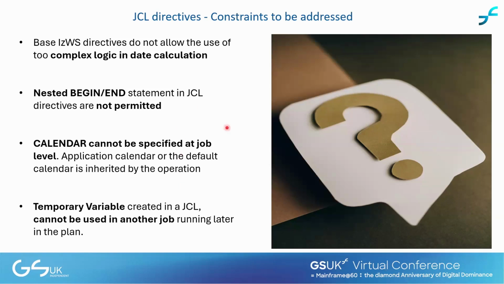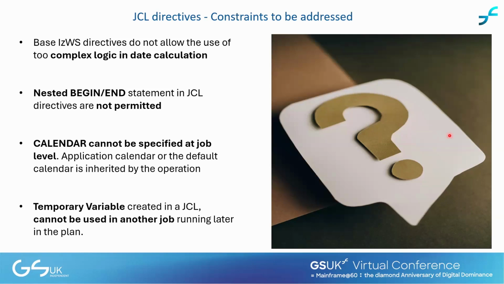The first common limitation of those JCL directives is complex date calculations, where they are limited. Let's say, for example, we want to calculate the first Tuesday of the month, or the first working day after 30 days from now.